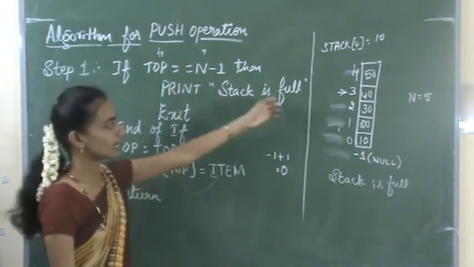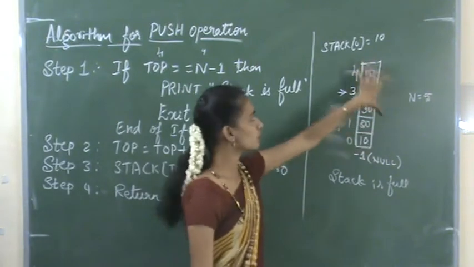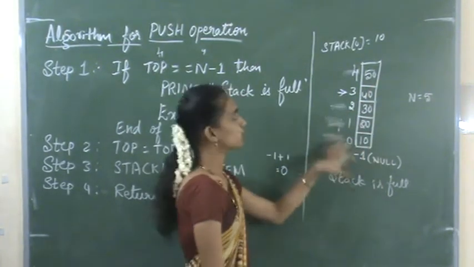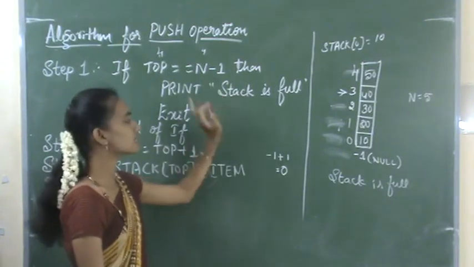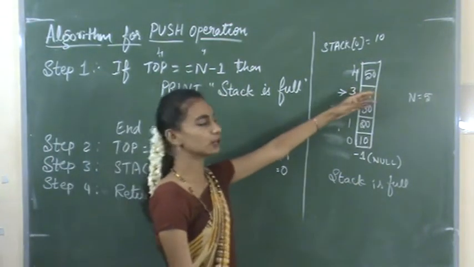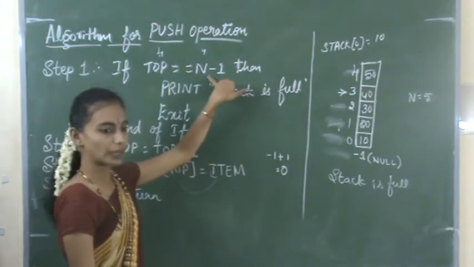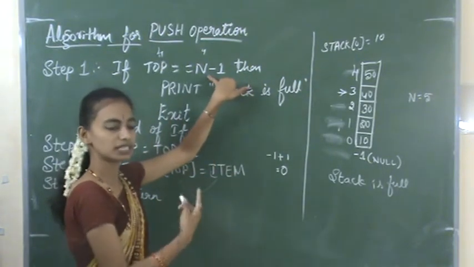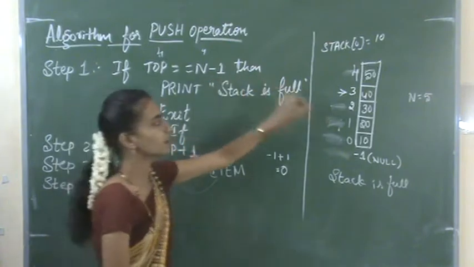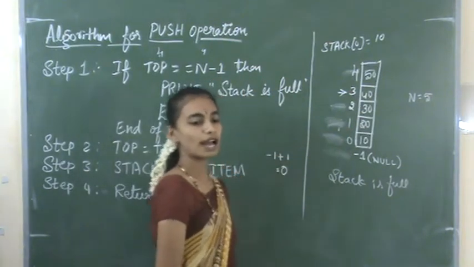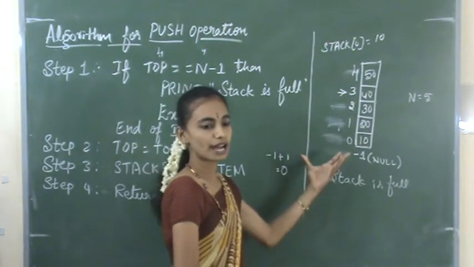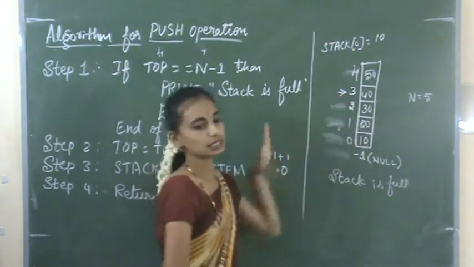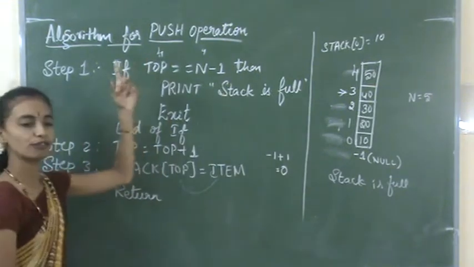So it checks whether the condition is true or false. If it is false, we can insert the values. If it is true, that is n minus 1 equals top, we cannot insert the value, which means the stack is full and we cannot insert an extra value. So that is the push function.